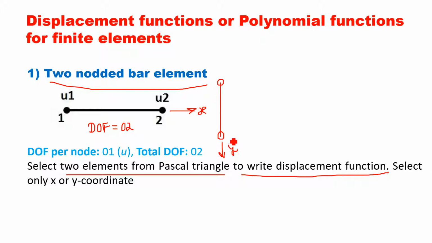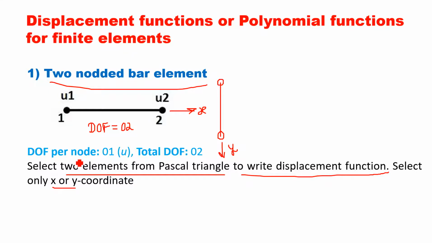It means either x or y. We have to select only x or y coordinate from the Pascal triangle. We cannot select both at a time, either x or y.